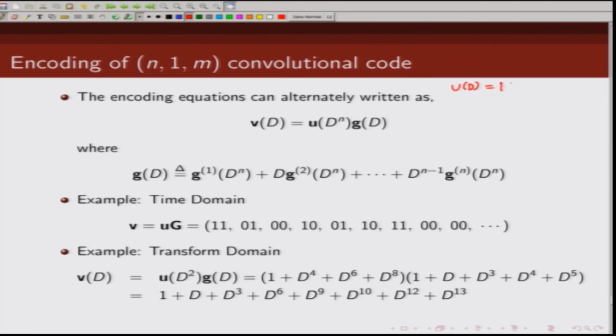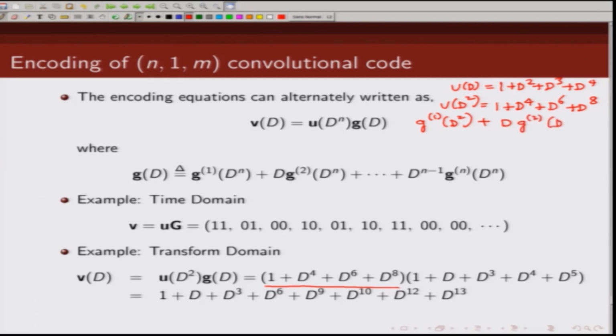So u(D square) will be 1 plus D 4 plus D 6 plus D 8. So that is what we have written here. Okay. And what is g(D)? g(D) is g1(D square) plus D times g2(D square).